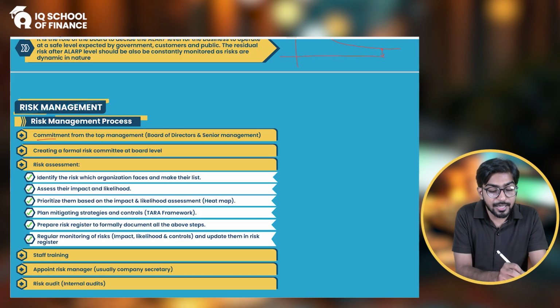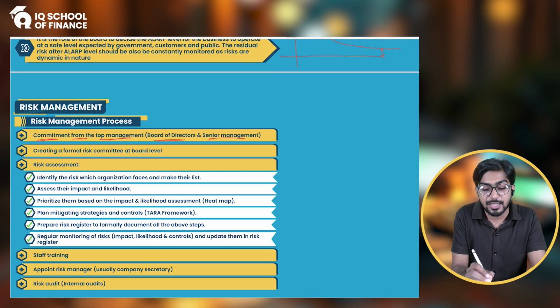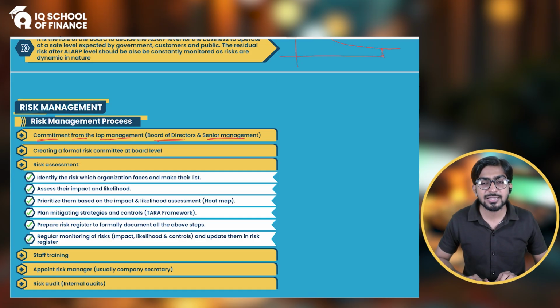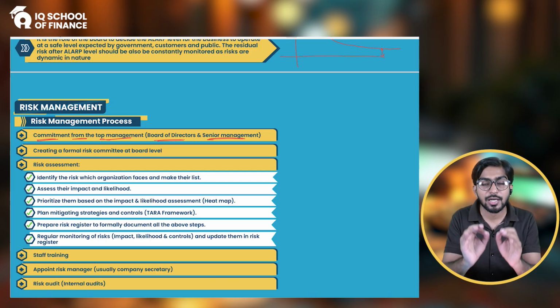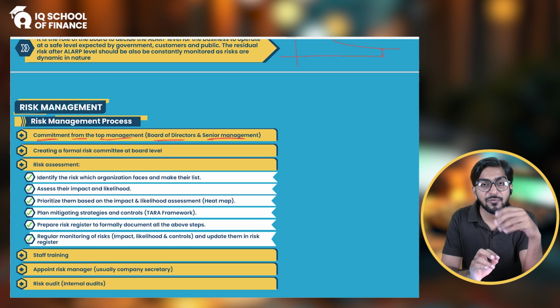So the first thing is that you should have the commitment from the top management, that means the board of directors and the senior management. And it's a very simple thing, believe me. For example, in your house, your father makes a new rule that now everyone should come home at 8 p.m. Like after 8 p.m. no one will be outside the home.